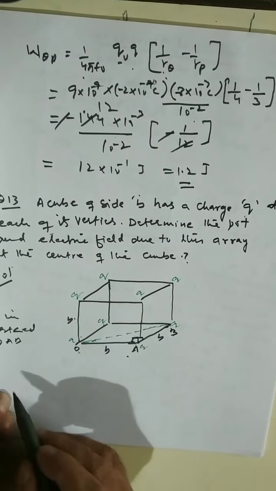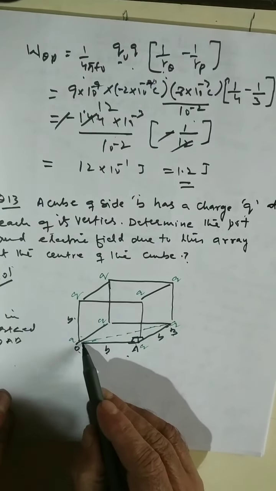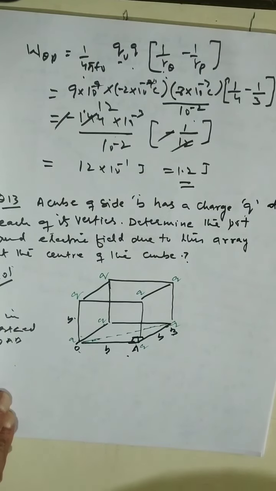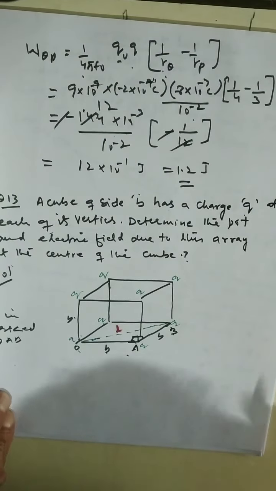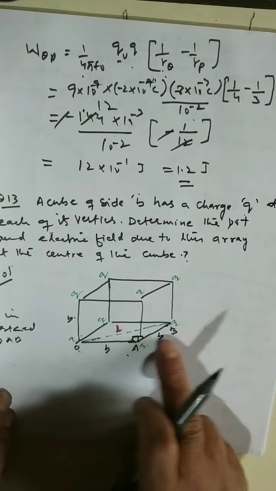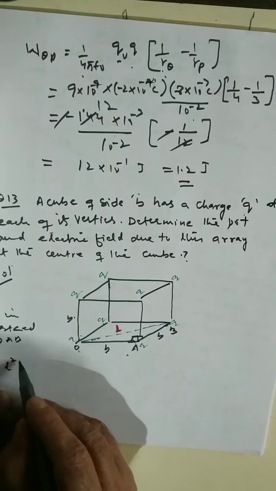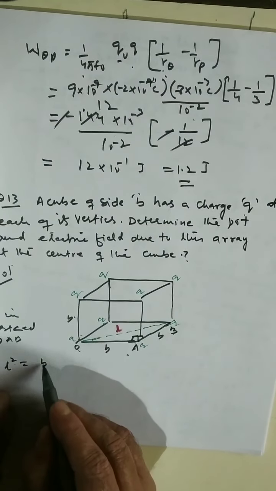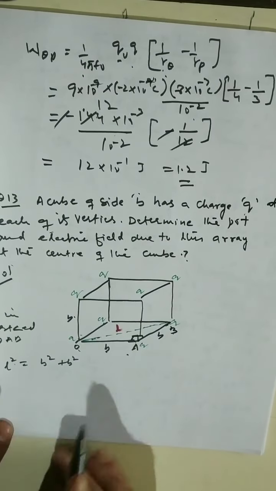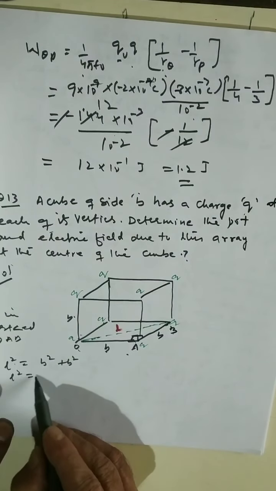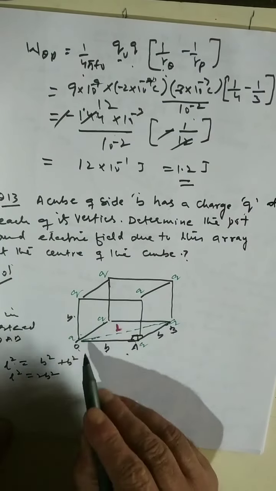Let us say this is the diagonal, let its length be L, of the bottom square, ठीक है। So L square will be OA square, that is B square, plus AB square, that is again B square, that is L square is equal to 2B square.